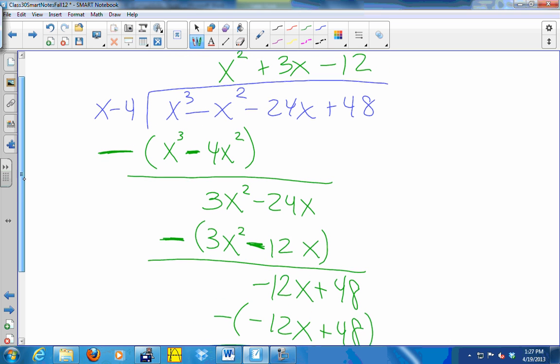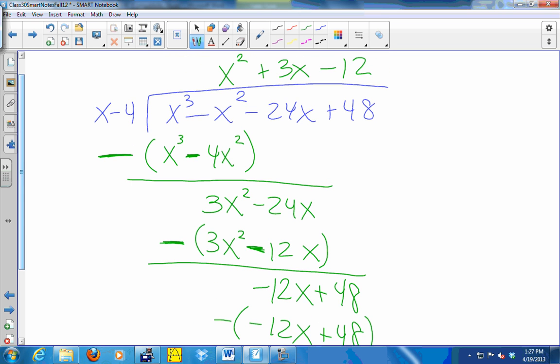So we found another factor. If we knew x minus 4 was a factor, just divide it into the polynomial and you get another factor. It might not be the most reduced possible, but it's still better than we had before. x squared plus 3x minus 12.